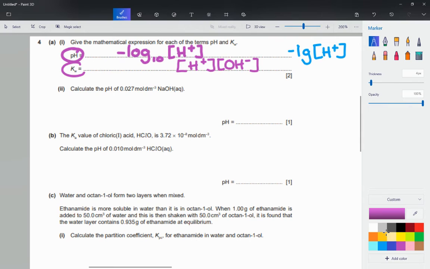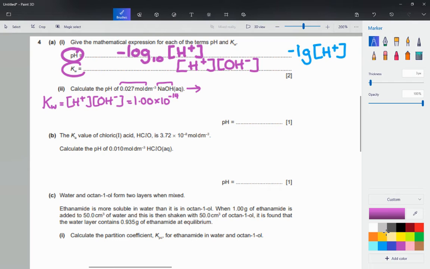So we would know from Kw that Kw is equal to the concentration of H+ times the concentration of OH-, and that is equal to 1.00 times 10 to the minus 14. Okay, that we know. And the concentration of the sodium hydroxide within the question is 0.027.